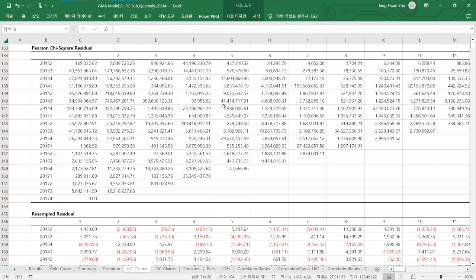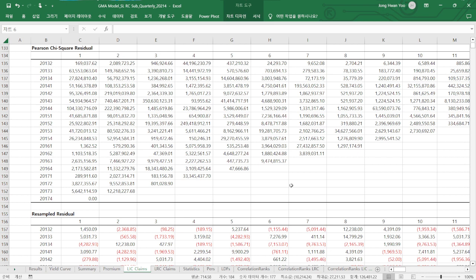So it's going to change if you change the LDF selection, the age-to-age factor selection. It's going to change the distribution of residuals. But whatever the residual distribution, you have to apply the standardization based on Pearson or any other method.